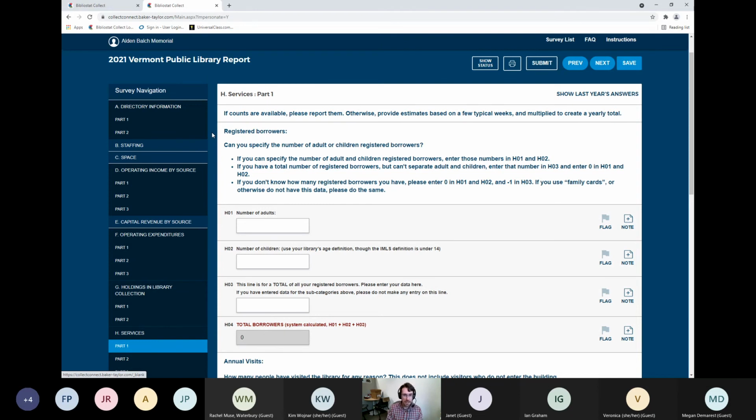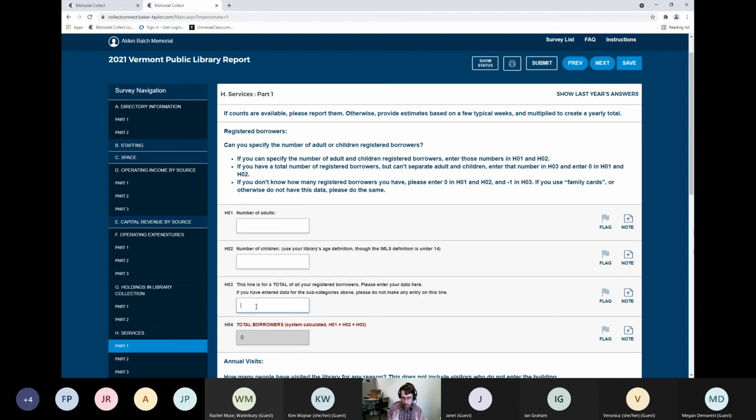But first one is registered borrowers. These are hopefully split into adult and children. If not, you can just give us a total. If you have family cards, there are some libraries who just have one card per family. You want to put in a -1 for total, which means we don't know, because family cards could be for 1 person, they could be for 5 people. You don't really have a good handle on individuals.